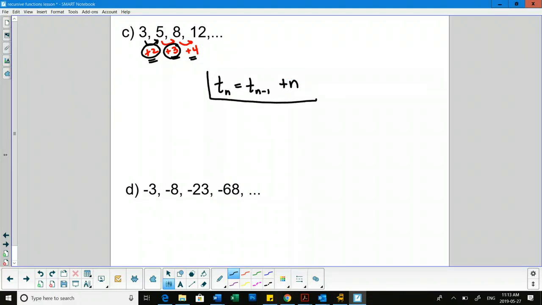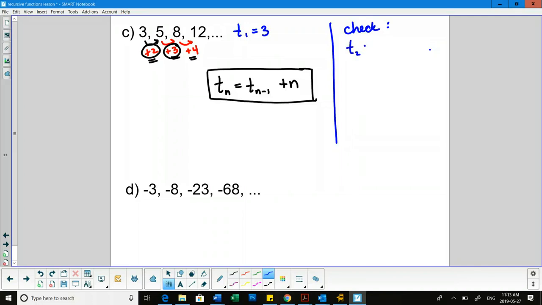You can do a check, and I would encourage you to check as you do this, just to make sure that your formula actually does work. Knowing that term 1 equals 3, we would check our formula for term 2. For term 2, I'm taking term 1 and adding the value of n, which is 2. Does that work? 3 plus 2 equals 5. So that gives me term 2.